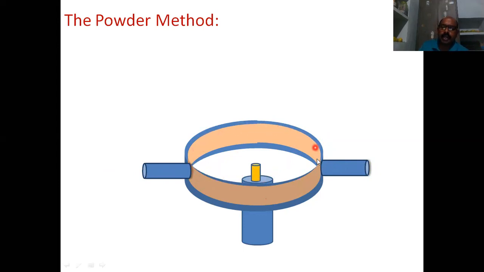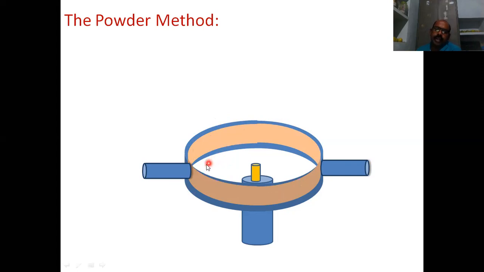The Debye-Scherrer camera is a cylindrical camera with a facility to record on a film coated onto it. The blue one is the Debye-Scherrer camera, which is cylindrical in shape, and this brown one is the photographic film.